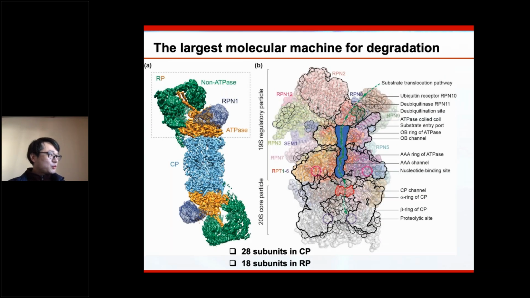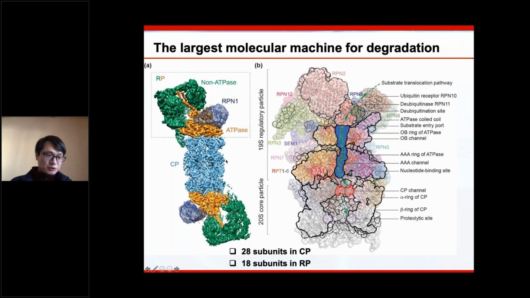So in terms of structure, what we are really curious about and what is really fascinating about this molecular machine is that it's actually combining many different functions. As I show in the current slide, the proteasome has a core particle that is mainly responsible for breakdown of polypeptides.